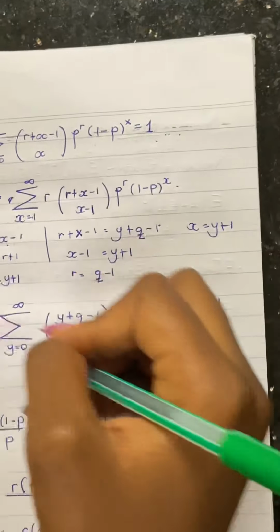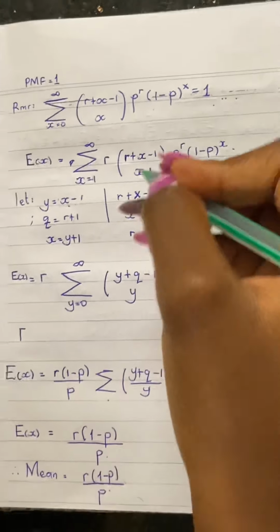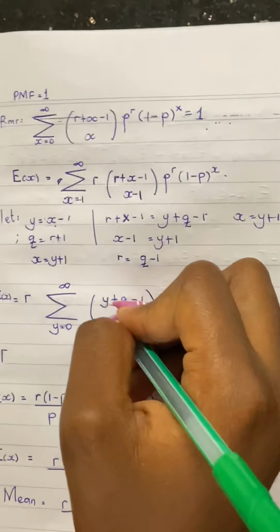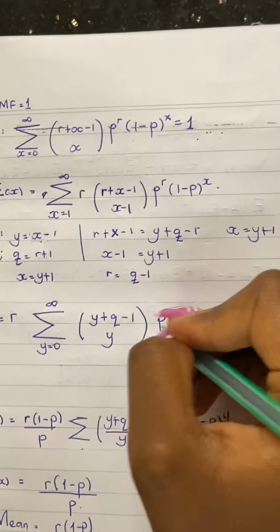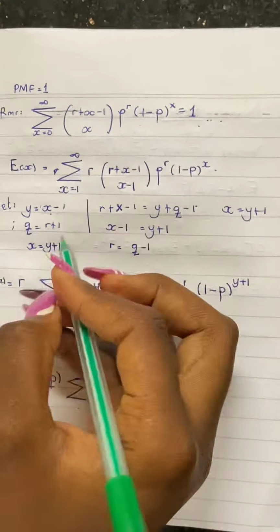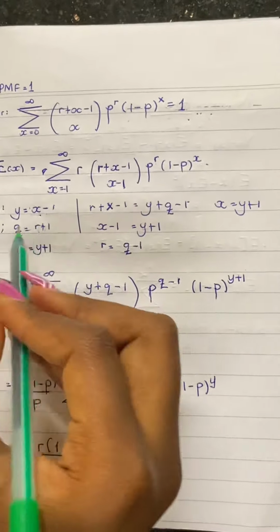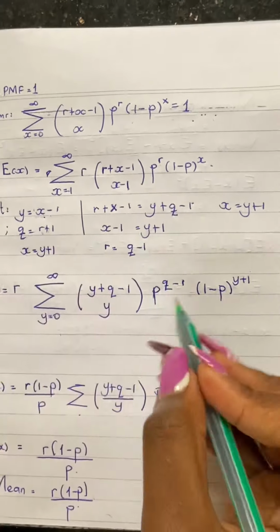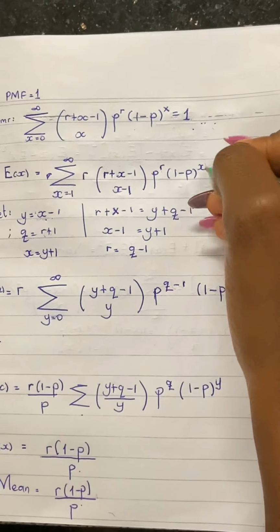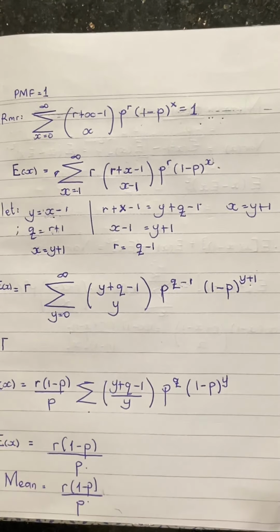So when we come down, we get y plus q minus 1 choose y. Then for r, we do the same and get q minus 1, and for x we get y plus 1.